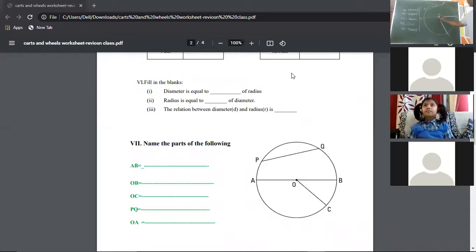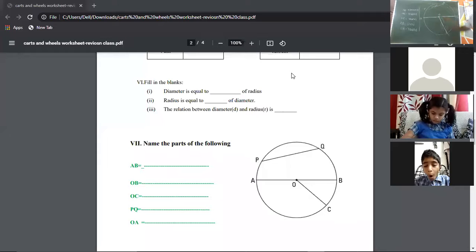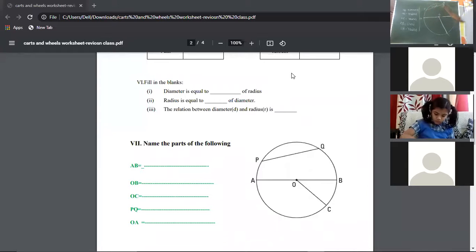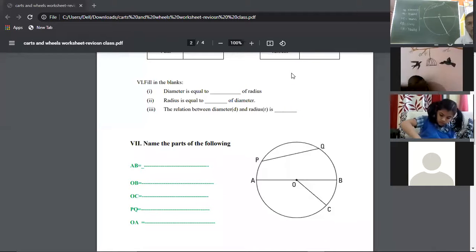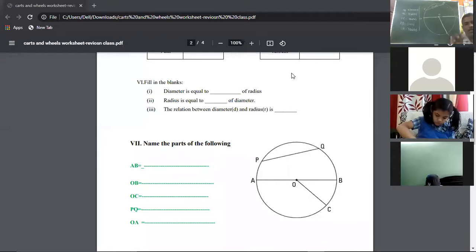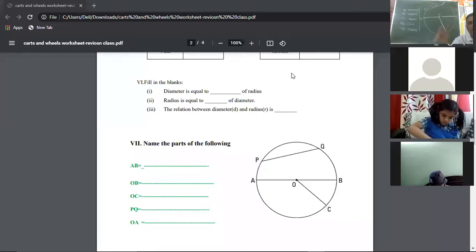OB radius, OC radius, OA radius. All three are radius only, whereas PQ is the chord. Very easy question. Draw a circle. Name the points.